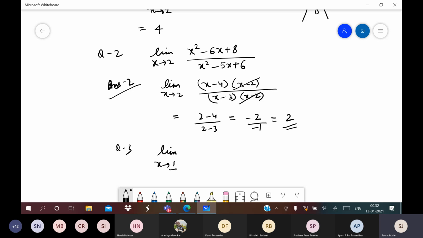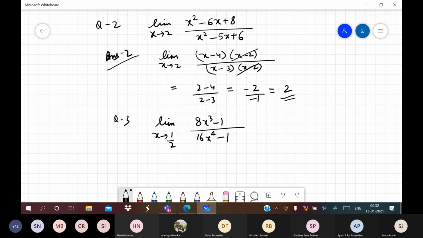x tends to half. It is (8x cube minus 1) upon (16x to the power 4 minus 1). Do this.